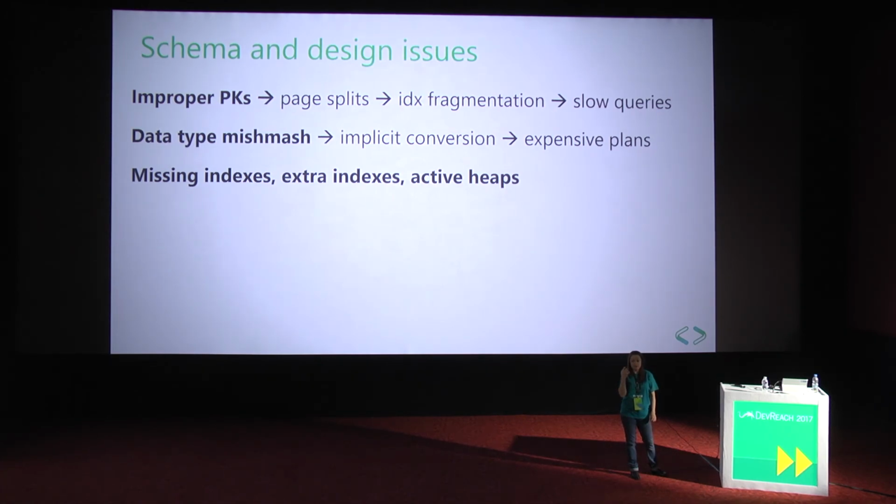But the problem is that it will not do that during the compilation. It will do that during the execution time, which means that during the compilation, it will not know the cardinality of your query. It will not know how many rows the query will return, and it will not produce the most effective plan for your query.